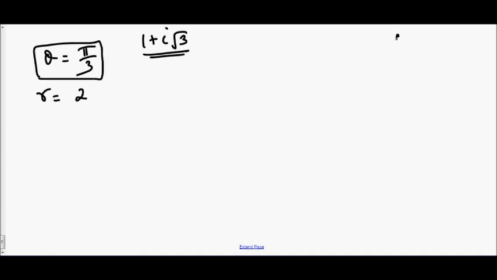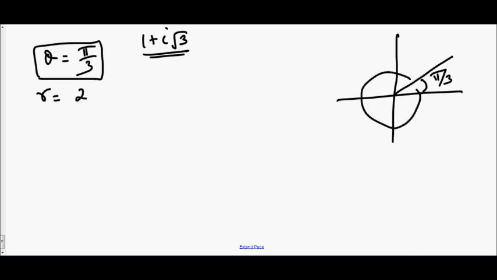What you need to do is, we just saw that if it is pi over 3, you will get the same value again after every 2 pi rotation. The same value is got when you rotate it 2 pi more and more. So this is also equivalent to saying theta is equal to pi over 3 plus 2n pi. However many 2 pi's you add, you get the same value.